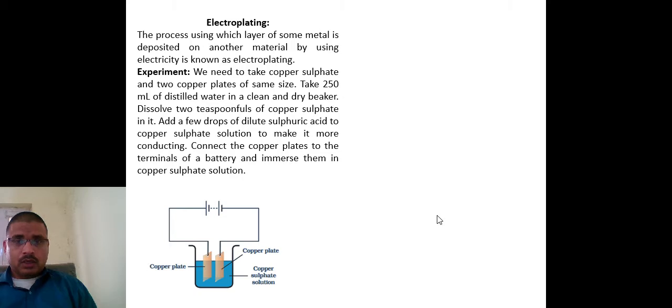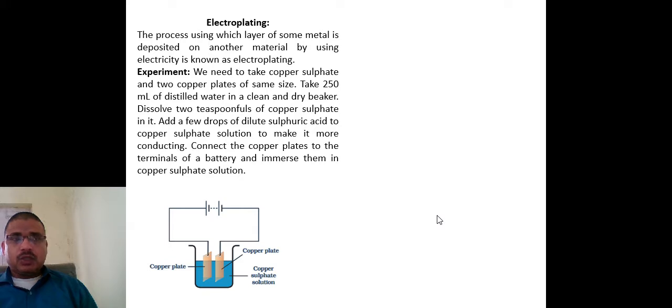Now, the best example of the chemical effect is electroplating. Here we are going to talk about the situation when a reaction takes place.